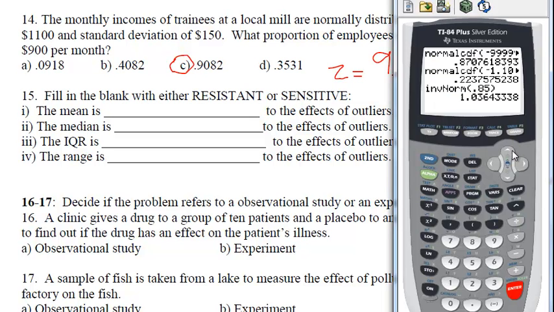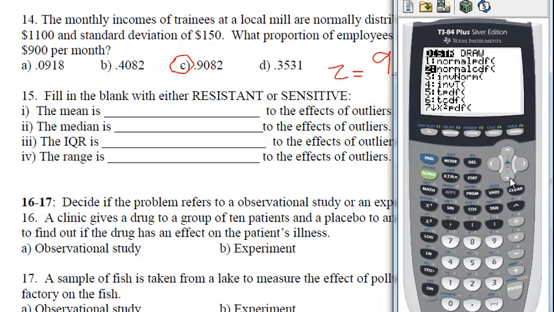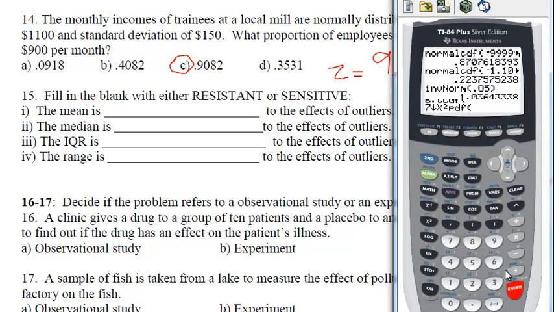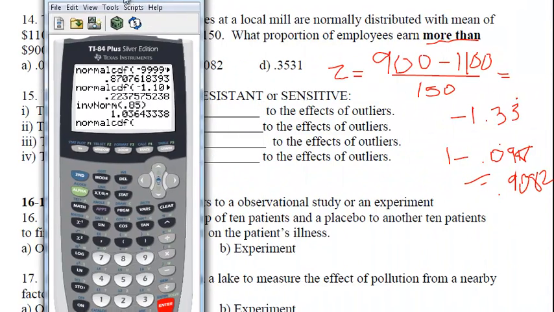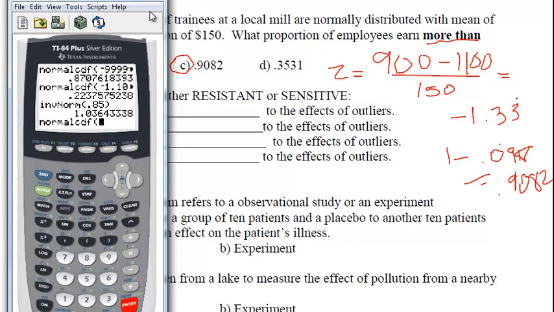I can jump to my calculator. Now, given a value for x, and I want to find the area under the curve, which is a proportion, so I go to the normal CDF function. Now I need to type in a little more information. I need a lower bound. Because this says more than, my lower bound is going to be my value for x, so 900.